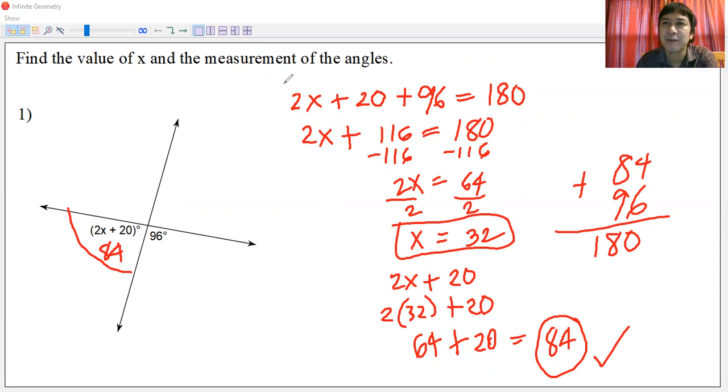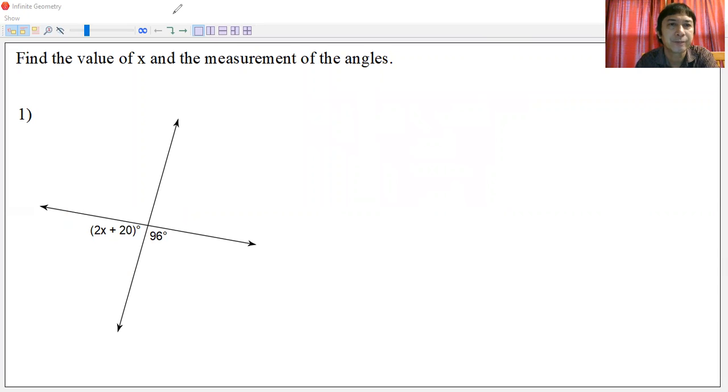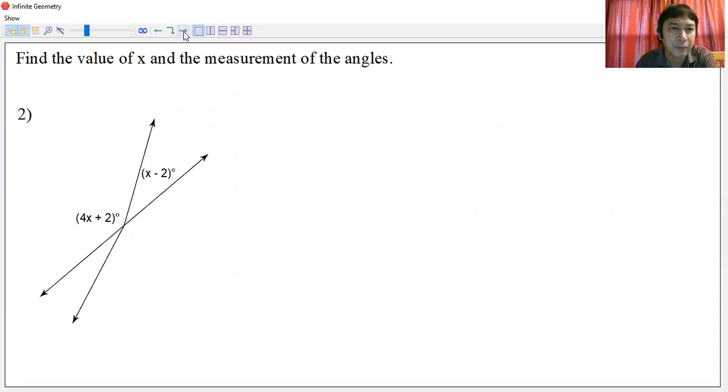All right, so let's have the next number. Let us clear the first screen. Continue with the next. Okay, find the value of x and the measurement of the angles. Now you can see the figure and try to figure out what type of angle relationship you can find.